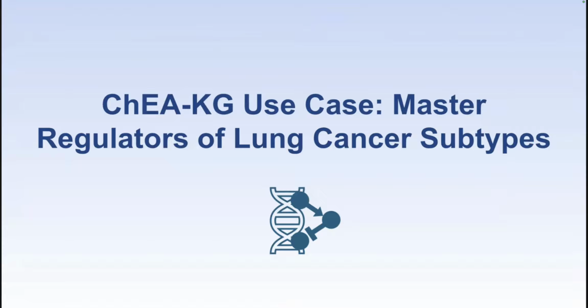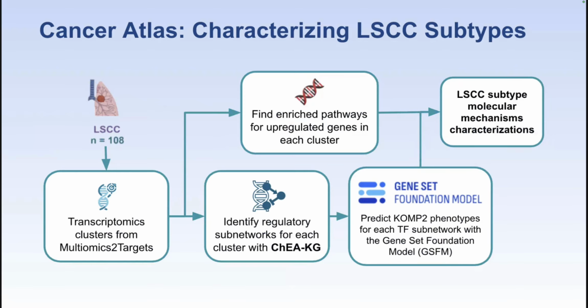So now I'll demonstrate how we actually use ChEA-KG for a specific cancer-focused discovery project, specifically looking at subtypes of lung cancer. For this use case, we're characterizing subtypes of the lung squamous cell carcinoma cohort from CPTAC 3, which has 108 tumors. First, we identify clusters from the transcriptomics profiling of the tumors using multi-omics to targets.